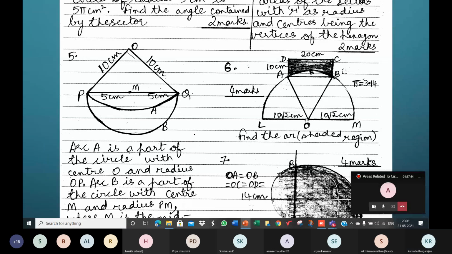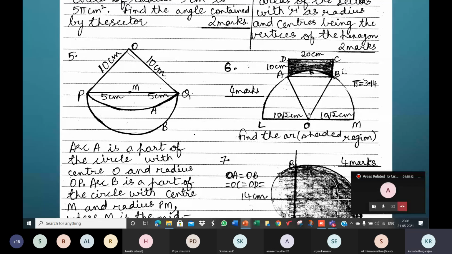Step 2, find the area of the triangle. Step 3, find the area of the segment, which is the area of the sector minus the area of the triangle. Step 4, find the area of the rectangle. Step 5, area of the rectangle minus the area of the segment will give us the area of the shaded region.